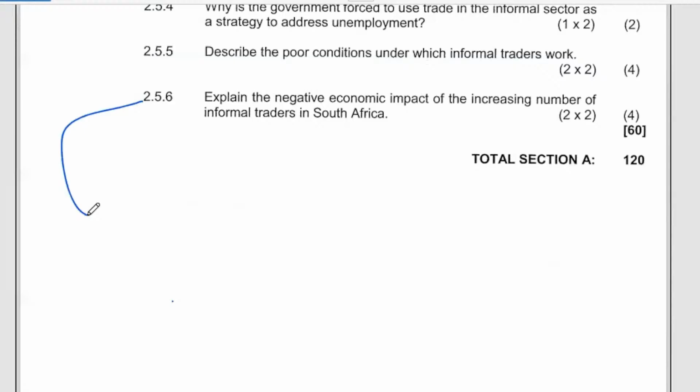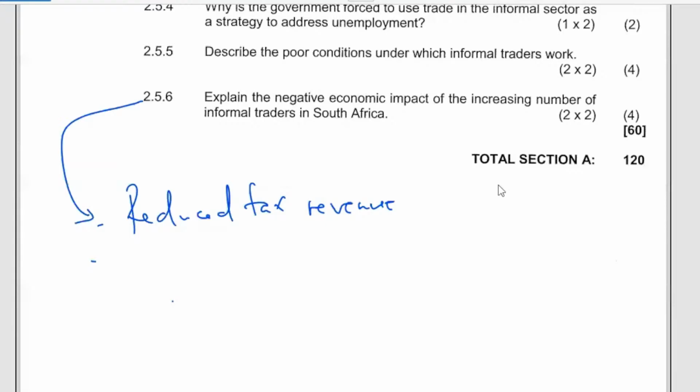If we try to analyze this, we look at tax revenue. There's going to be reduced tax revenue, for the reason that these businesses are not registered and they do not pay tax. For that reason, it's a loss to the government in terms of tax revenue. The more the business is trading informally, the less the tax revenue that the government gains.